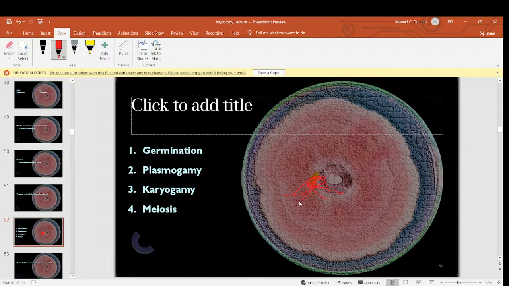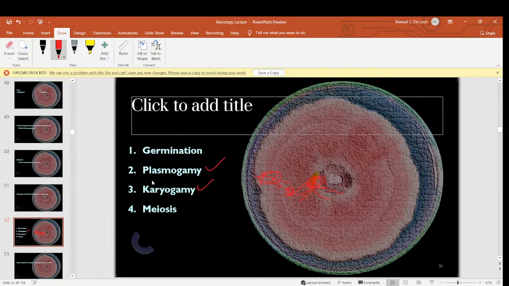After that, another spore will be nearby, and it will germinate. When they reach each other's hyphal structures, they will form what you call a gametogonium. This will then undergo two processes: plasmogamy, which combines the cytoplasmic contents, and then karyogamy.